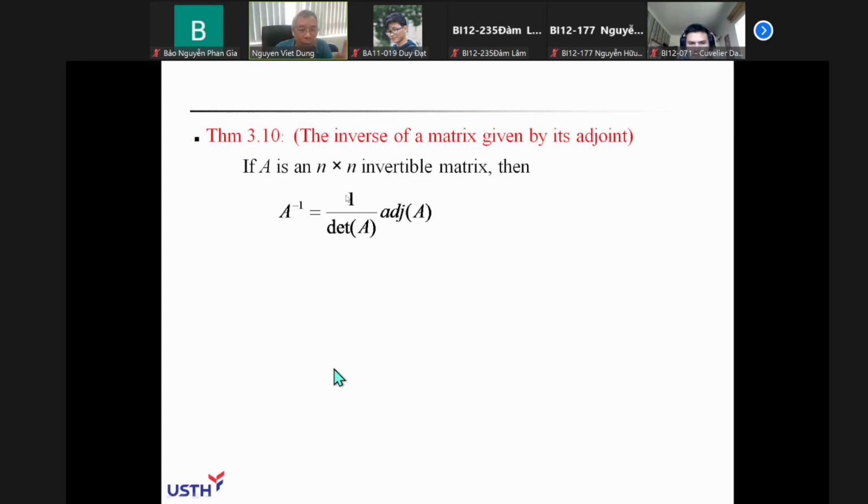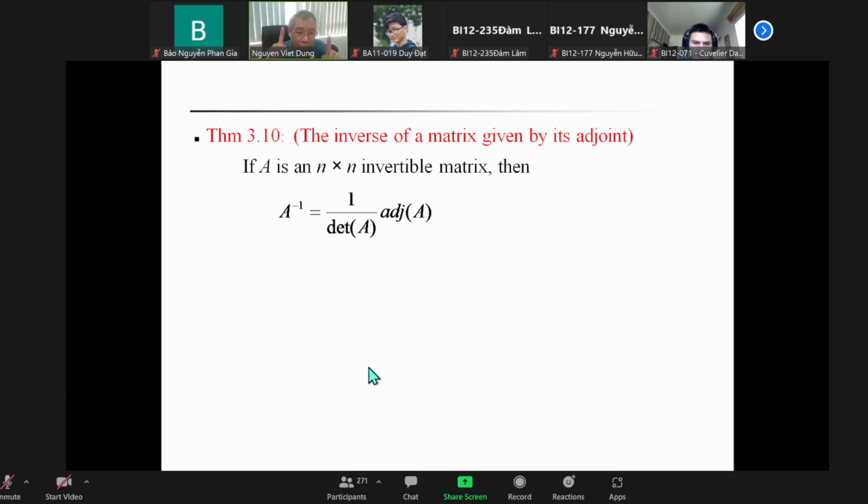It means that we can always write 1 over determinant of A like that. But in order to find A inverse, you need to know the adjoint of A. So up to now we have two different ways to find the inverse of a matrix.